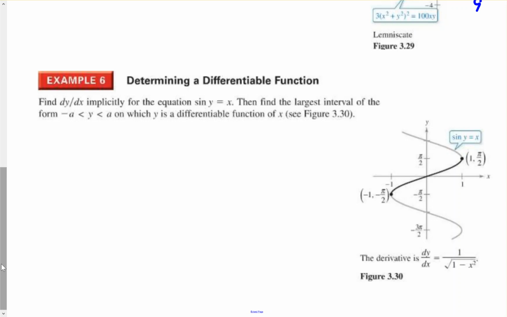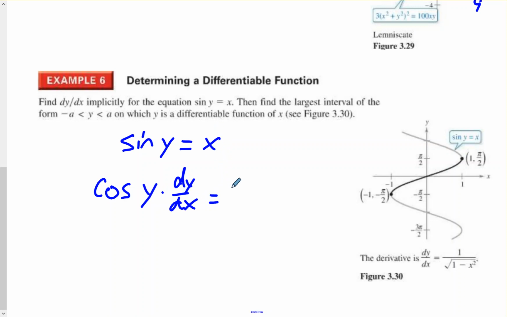Okay, so if we try to take the derivative of sine of y equals x, the derivative of the sine is the cosine, so we have cosine of y times dy dx, and then the derivative of x is 1.